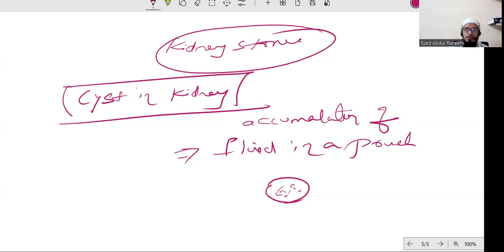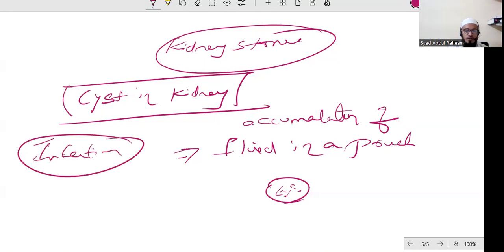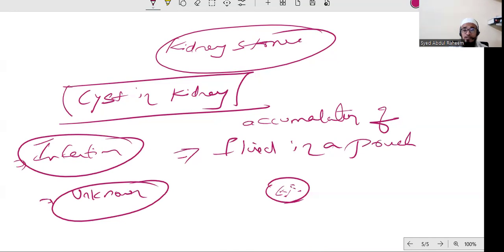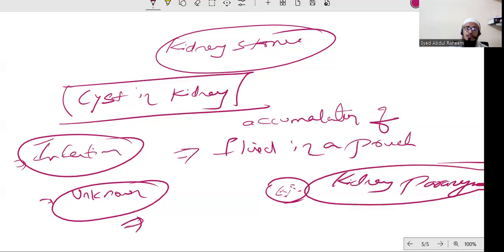It may be due to infection. Sometimes the cause is unknown. Sometimes it will damage kidney parenchyma, meaning kidney cells, nephrons. So these are the reasons behind the cyst.